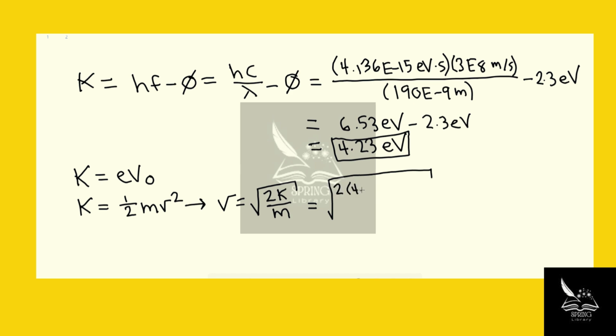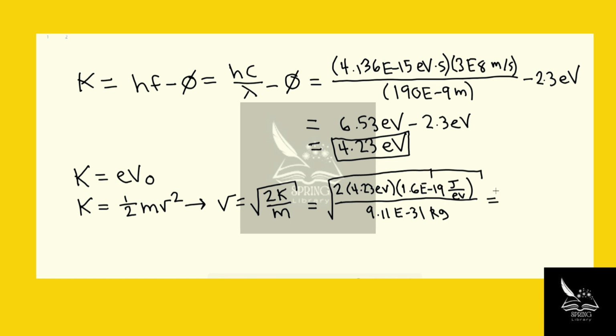So let's plug all this in. Here's our 4.23 electron volts. And to convert, we need to multiply by 1.6 e to the negative 19 joules per electron volt, which is just a conversion factor. And then the last thing we need is the mass of the electron, which is 9.11 e to the negative 31 kilograms.